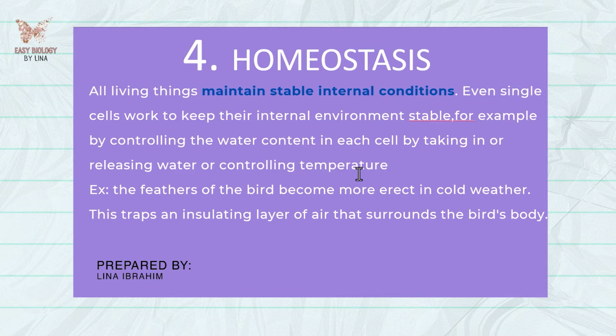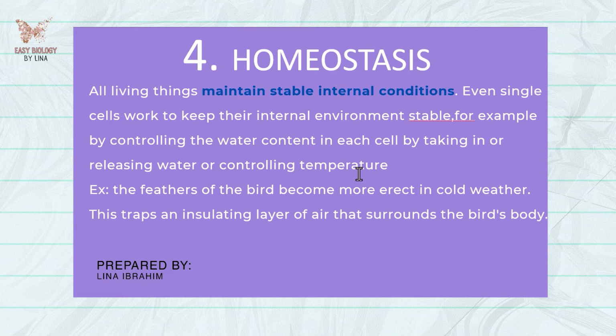Other types of organisms have other regulating systems to maintain a stable internal environment. For example, the feathers of a bird become more erect in cold weather. This traps an insulating layer of air that surrounds the bird's body. Without these mechanisms, organisms can die. For example, a cell's water content is closely controlled by taking in or releasing water.